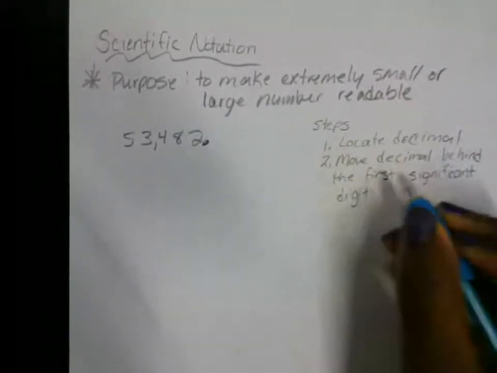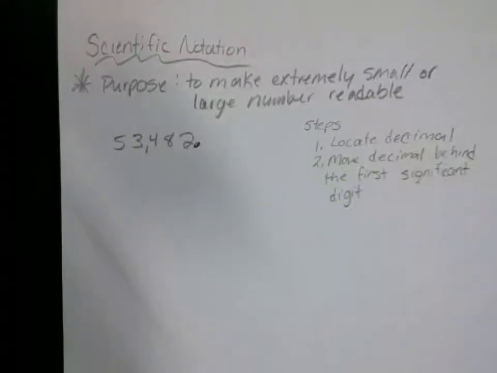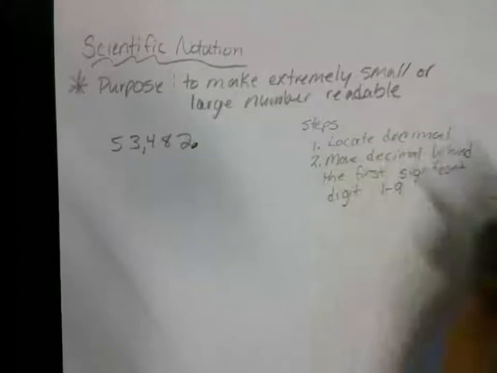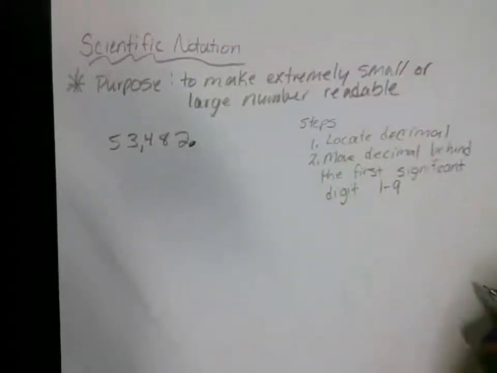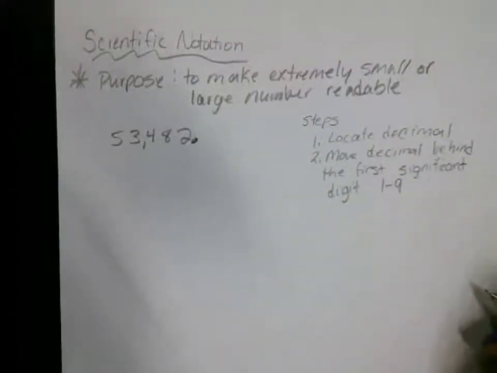What is a significant digit, Ms. Reyes? Significant digits are digits that hold values 1 through 9. 0 is not a significant digit because it doesn't have a value.